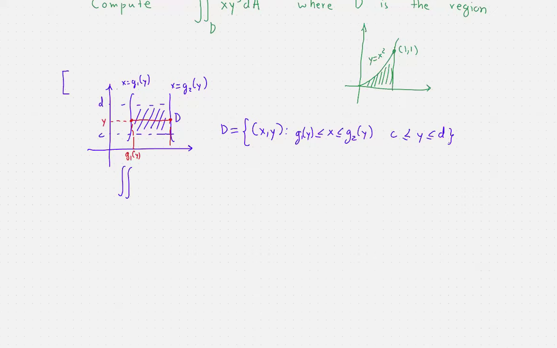And when we say that we want to compute the integral of a function f of x, y, which of course the function itself doesn't play any role in writing the iterated integral, this will be done as follows. So we integrate horizontally first, going from g1 of y to g2 of y, and then eventually we integrate over the vertical range from C to D. And that's exactly what we would like to implement here.